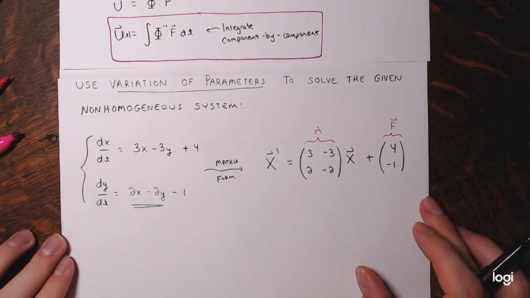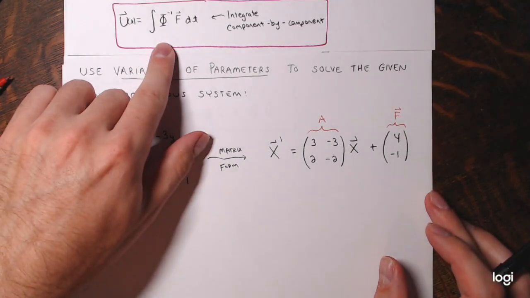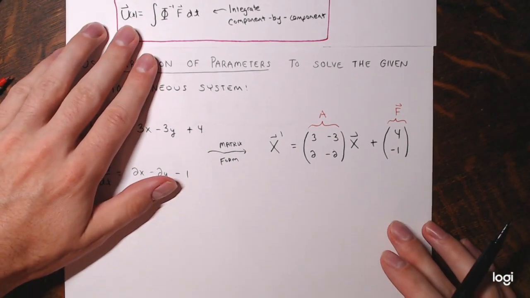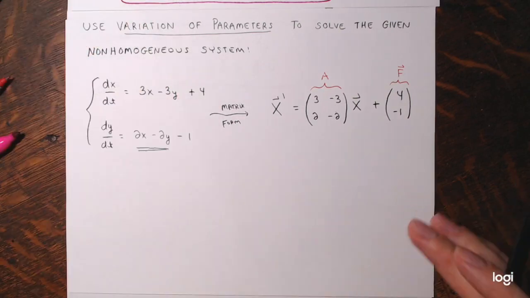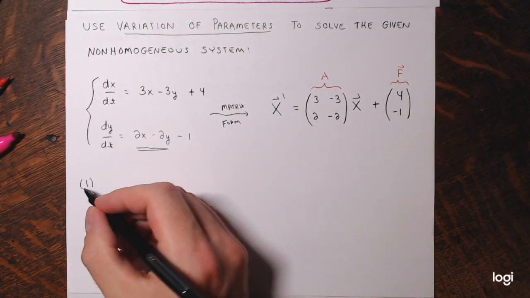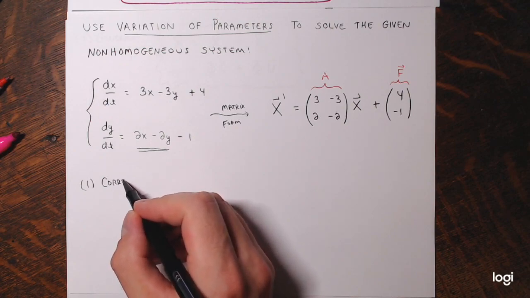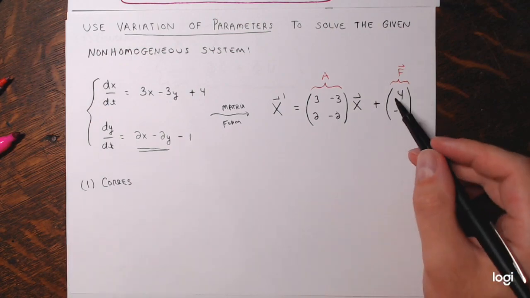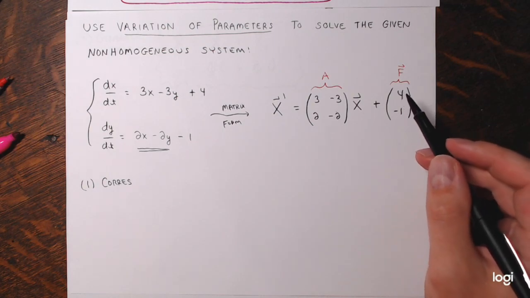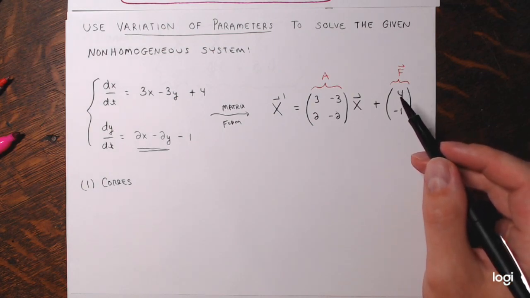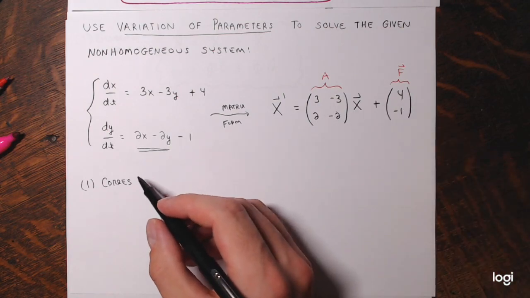All right, so I'll bring this u back when we talk about the variation of parameters. But the first thing is to solve the corresponding homogeneous system. Just get rid of the f vector and find the complementary solution, that x sub c.